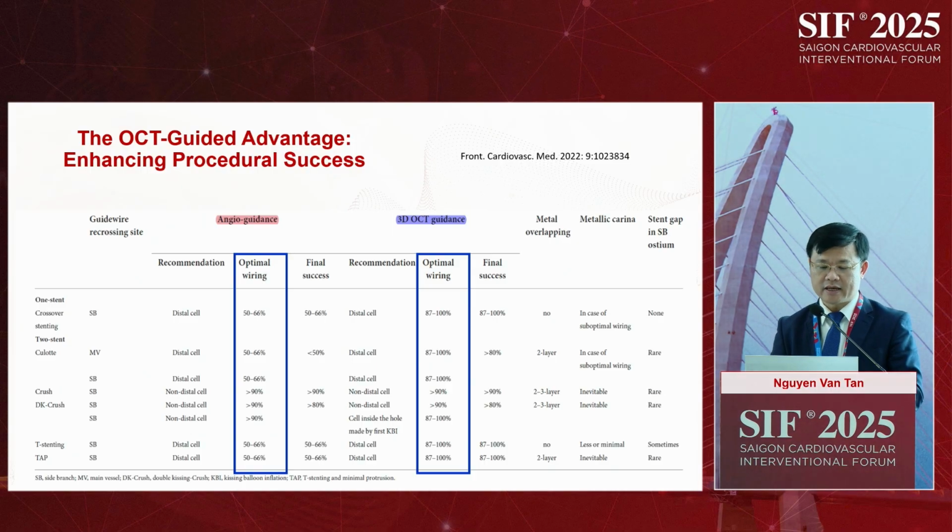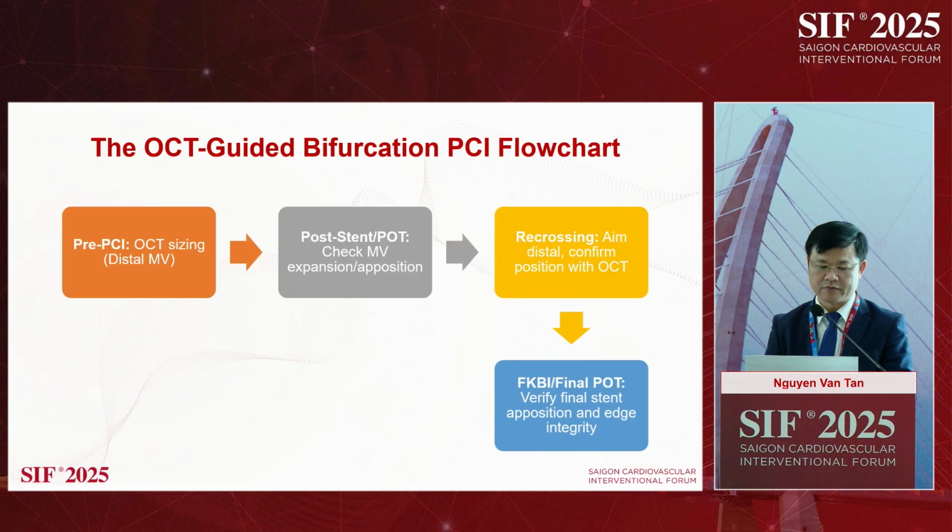OCT guidance has the advantage of enhanced procedural success. Without OCT guidance, optimal wiring we get is about 50 to 60%, but with 3D OCT guidance, optimal wiring may be around 90 to 100%. It's very important for bifurcation PCI.